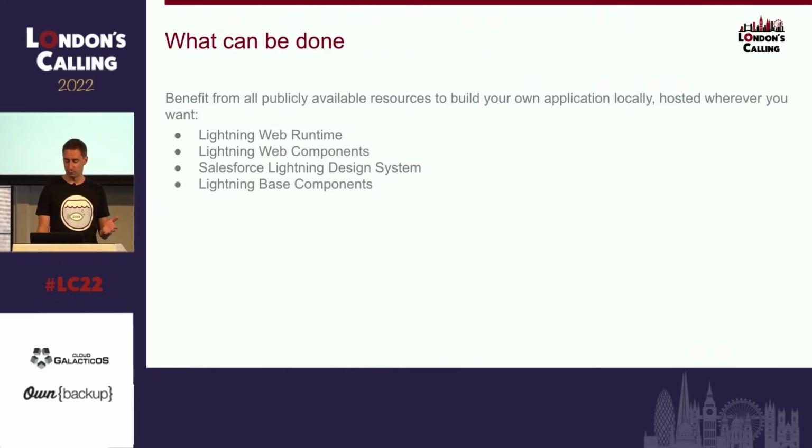So what can you do? Well, you can use everything we just talked about, which is Lightning Web Runtime, LWC, SLDS, and base components. But not only that. If you are used to building LWC on Salesforce, you may know the @wire decorator, which lets you call APIs, and Lightning Data Service will let you cache your calls.